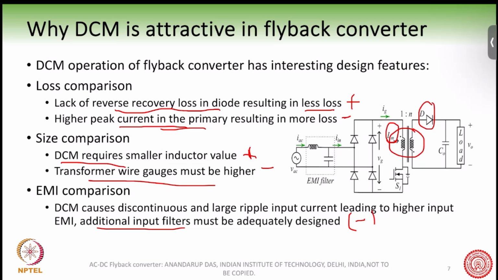You will also see that the DCM operation automatically leads to unity power factor, if we do it intelligently. So that is also one of the advantages of this operation. So let us see the AC to DC flyback converter under DCM operation.